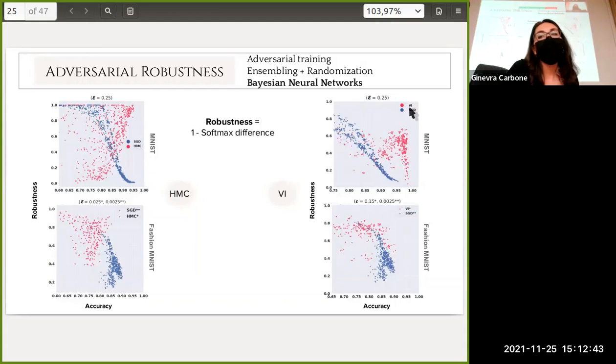While this trend does not hold for Bayesian neural networks, and it's completely reversed in the case of HMC, which gives more accurate posterior approximations. So this is a first interesting observation, because it means that if we want to obtain a robust neural network against a gradient-based attack, then the best choice, at least for the case of HMC, is to search for very accurate models. And with high probability, they will also be more robust.